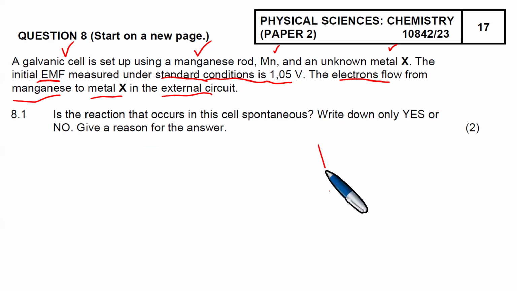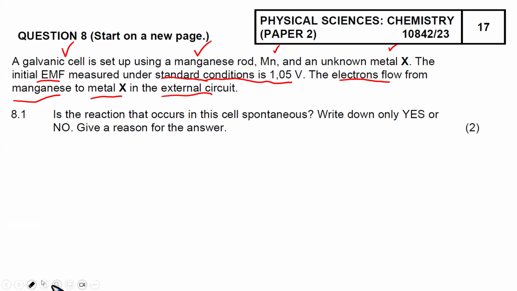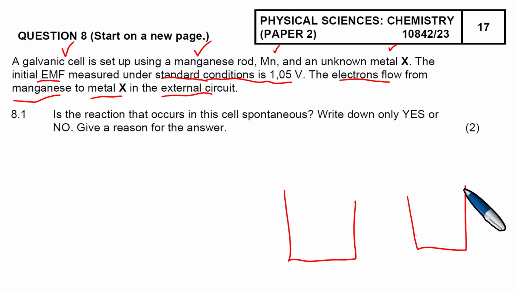Now if you have a cell, this is the setup. The kind of cell we're speaking about here is an electrochemical cell. You put a beaker like this, and let me put larger beakers, I want us to see very well. Larger beaker like this, larger beaker like this, salt bridge.